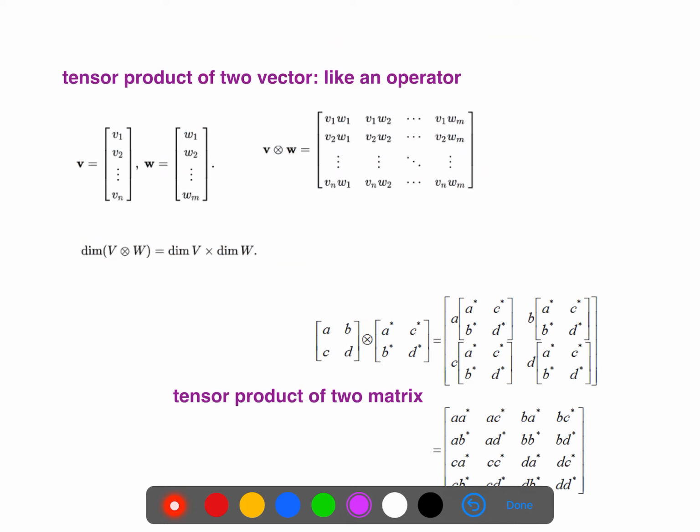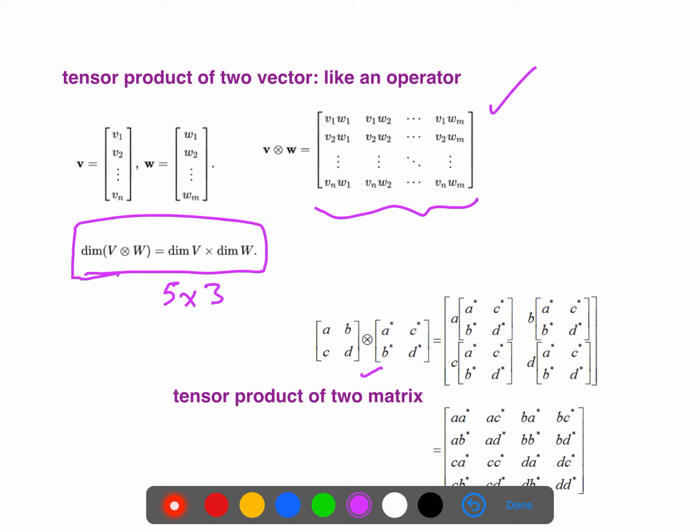So when we talk about the tensor product, we mean their dimensions are like this, for example, 5 by 3. So you can think about it as an operator in the Hilbert space. We don't need the tensor product for matrices because that's just enough.